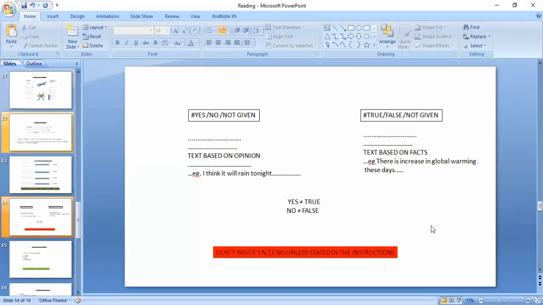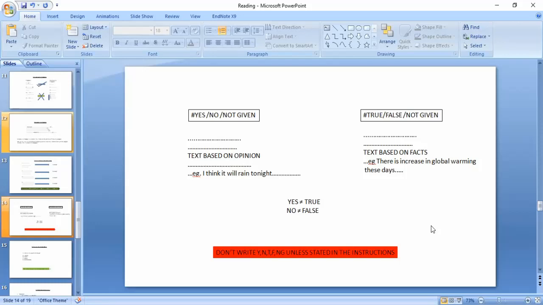Now, another important question in reading that most of the students make errors in is yes, no, not given questions and true, false, not given questions.